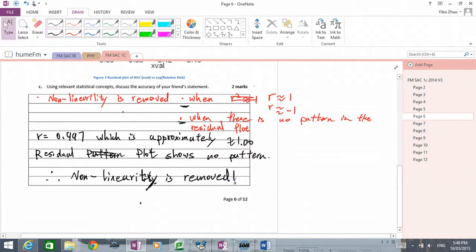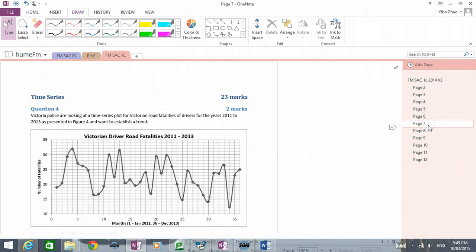Okay, so you get one mark by talking about the R value. You get another mark by talking about the residual plot. Now again, you need to give a final statement. If you don't write down the final statement, you won't get a mark. Okay, then we go to page 7, question 4.